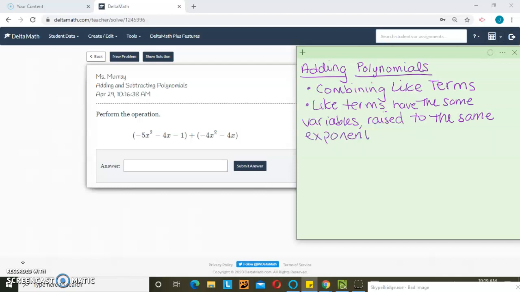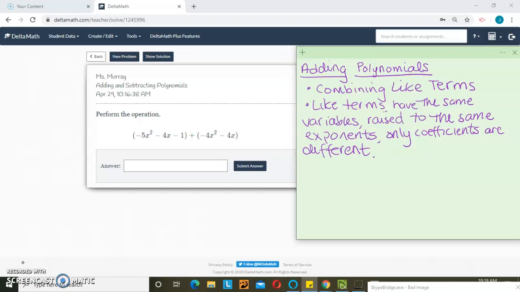So really, only the coefficients, or those big numbers in front, are different. Okay, and when we combine like terms, we're going to add or subtract those coefficients that potentially are different sitting in front. If they're positive, we're going to use positive numbers, negative, we're going to use negative numbers.